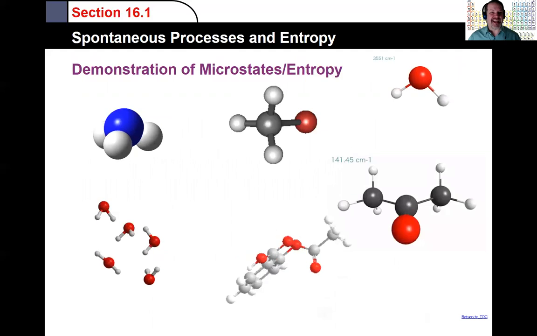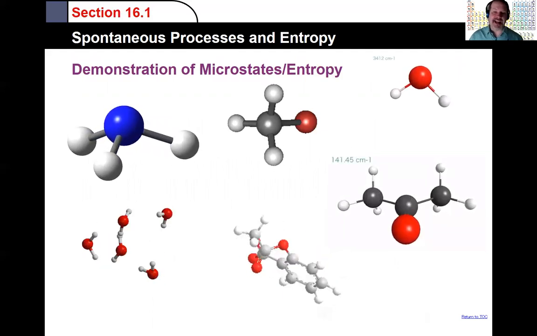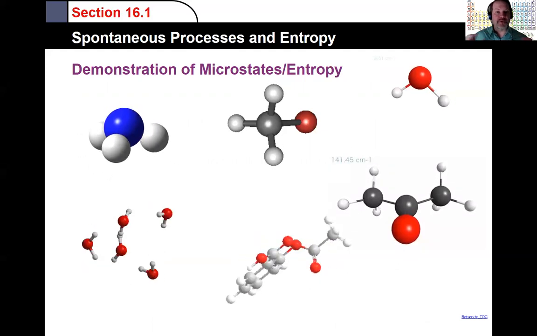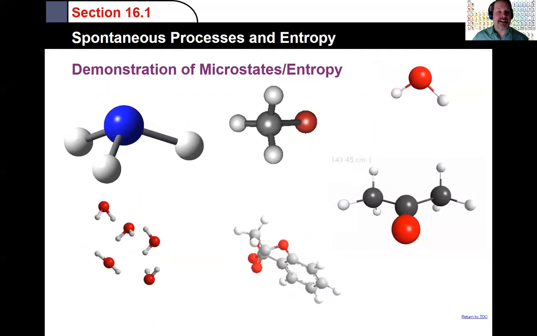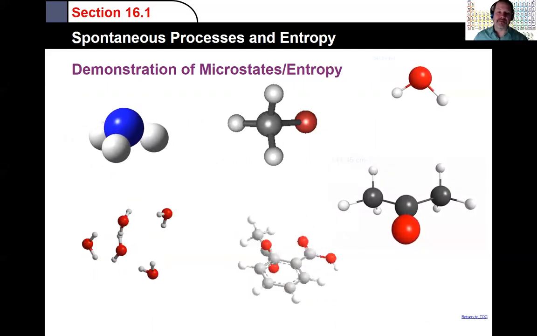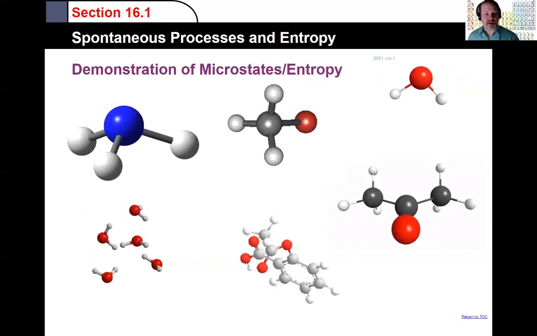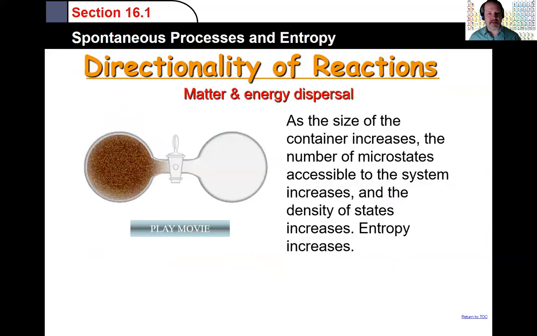So we can't have a static view of molecules. We've got to have this more dynamic picture of bonds moving and vibrating, twisting and spinning around and running around with great energy. So all these different systems there are microstates.